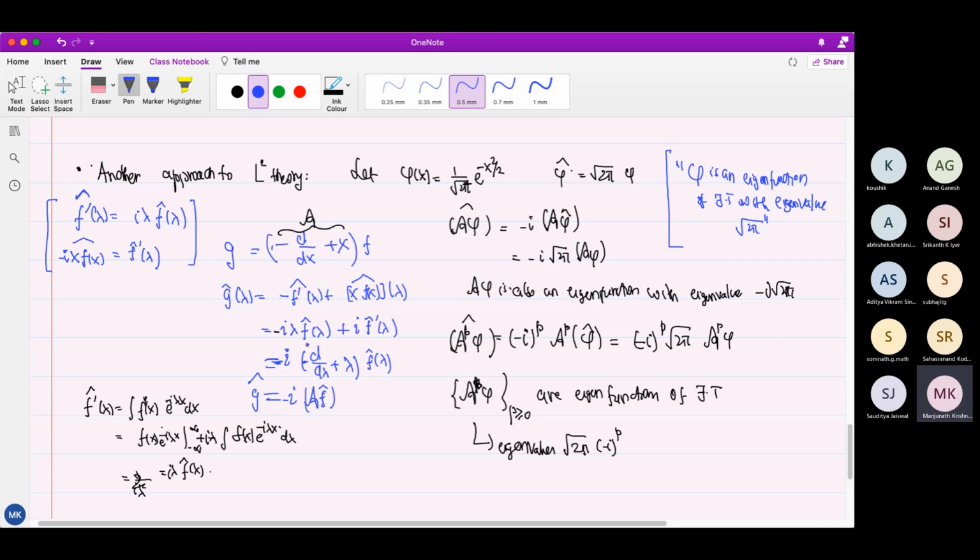So A commutes with the Fourier transform.